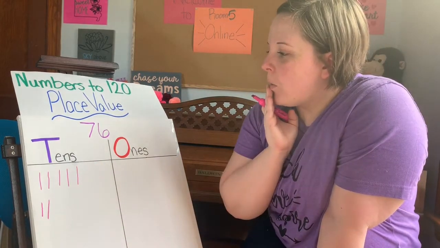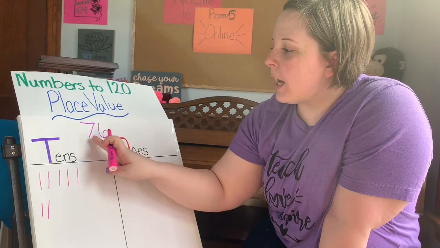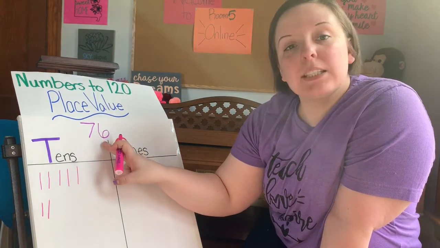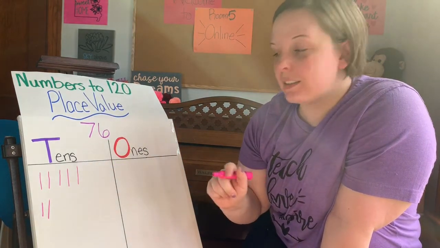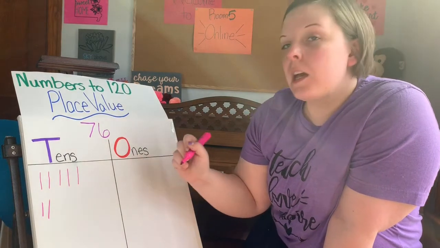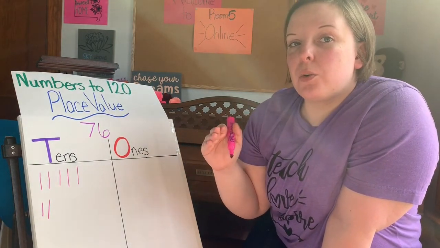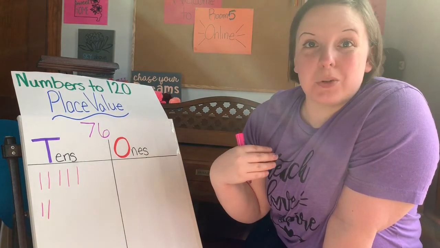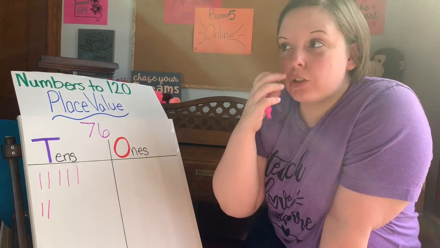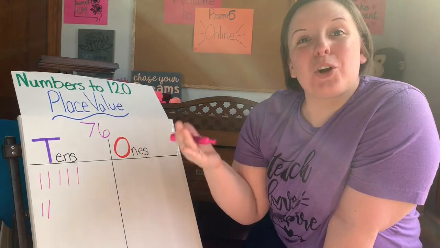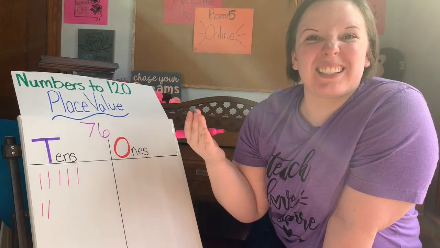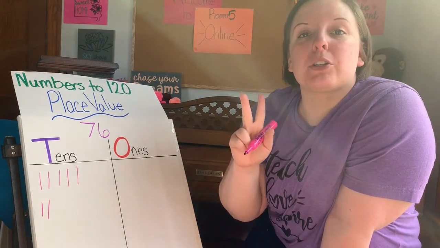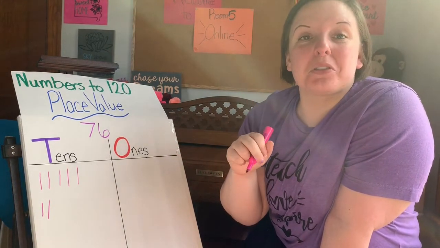Next, I'm going to look at my ones. In my number 76, I have 7 tens, and I can see here I have 6 ones. I'm going to go ahead and sketch that out. Now remember, my friends, I like you to use circles, because circles are easy to make either closed circles or open circles if we're doing an addition or subtraction problem where there are two different numbers.